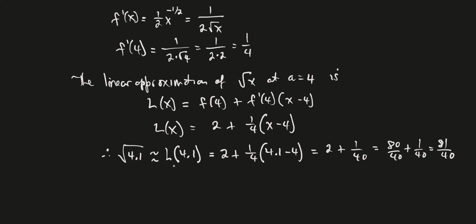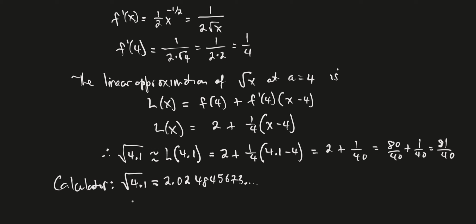Now, let's say we're suddenly transported back into a universe that has a calculator. So let's see what our calculator approximation is of the square root of 4.1. Our calculator in its infinite wisdom says that the square root of 4.1 is 2.02484567, and of course we know it goes on, because it's an irrational number, so it has a non-repeating, non-terminating decimal expansion.